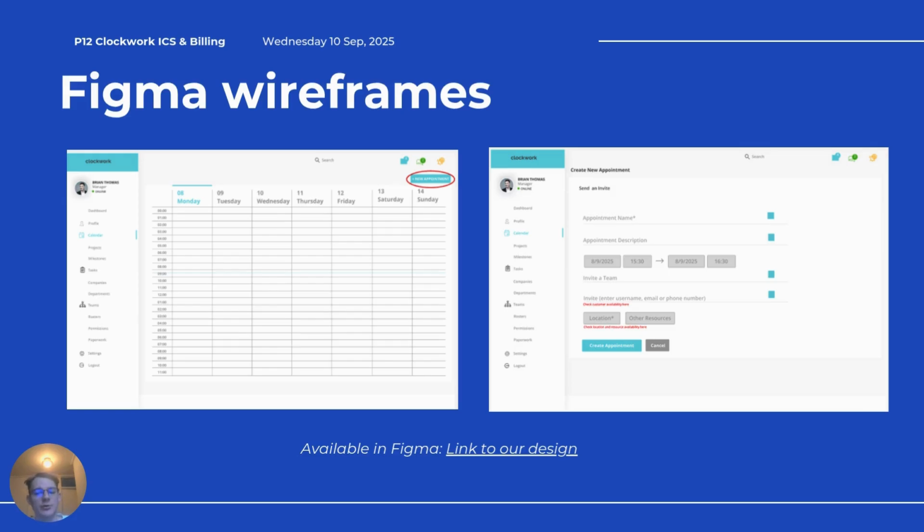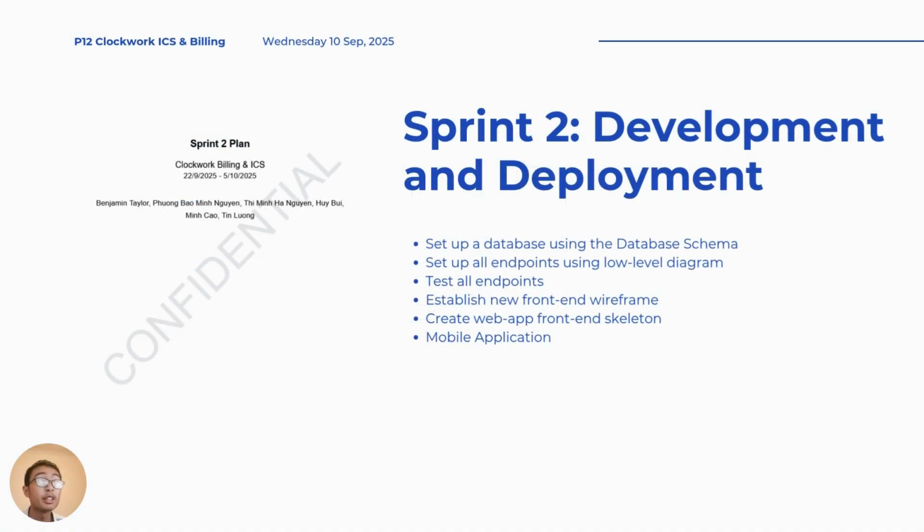This planning was essential for a smooth development process, which is in the next sprint. And they did require a couple changes later on, but these were the framework. I'll now pass it along to Hui and Tin to show the backend we built in the following sprint, Sprint 2. Thank you. Thank you, Ben.